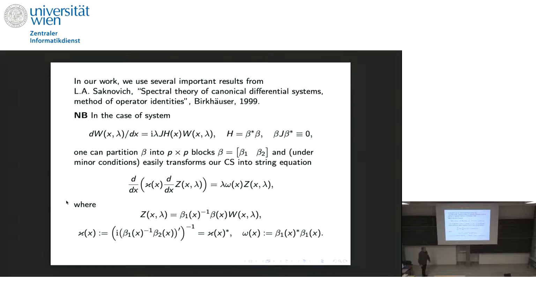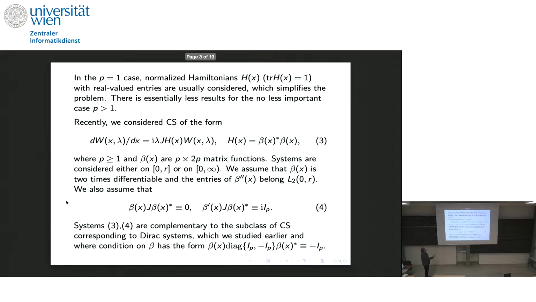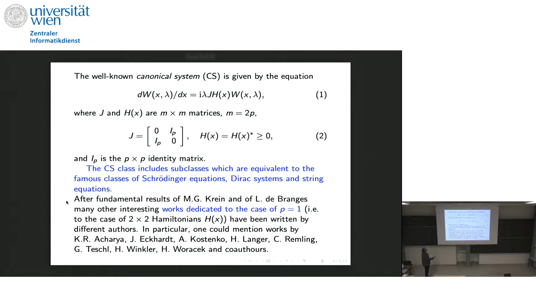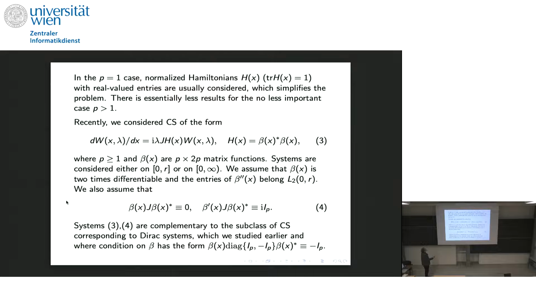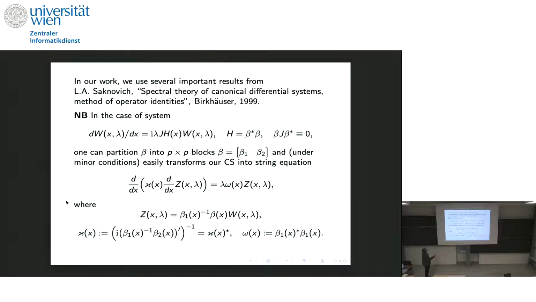The requirement that beta is 2 times differentiable means that kappa of x here is differentiable, which is a natural requirement, although one could also develop the work in the sense of distributional systems. And in our work, we use several important results from the book by Sakhnovich on canonical differential systems.